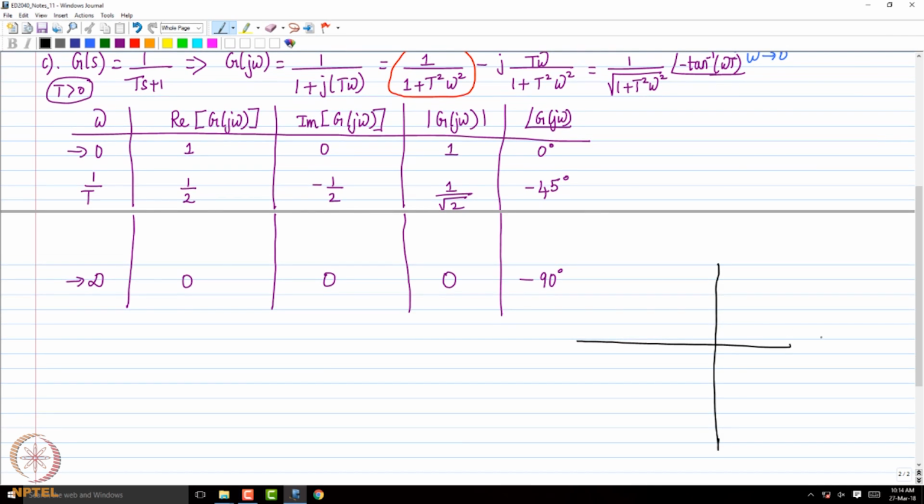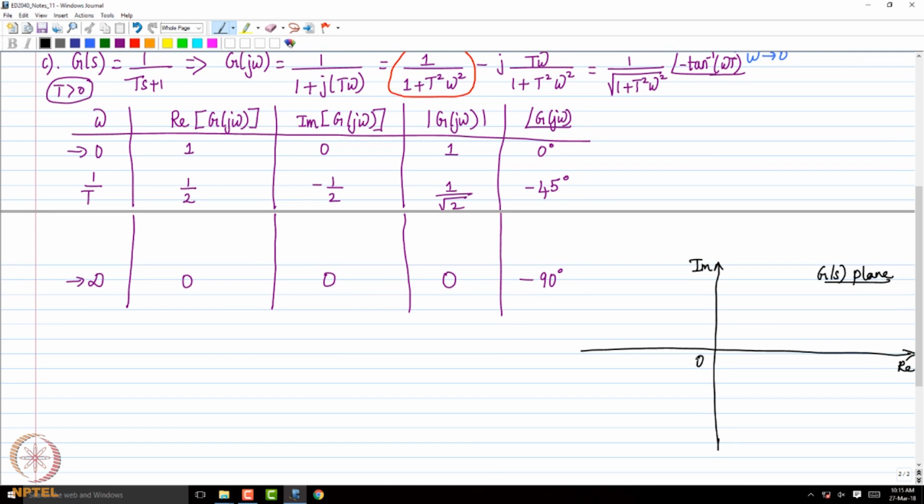So let us construct the Nyquist plot and see what happens. I have the real axis and the imaginary axis; this is the G(s) plane, and we want to plot the Nyquist plot.